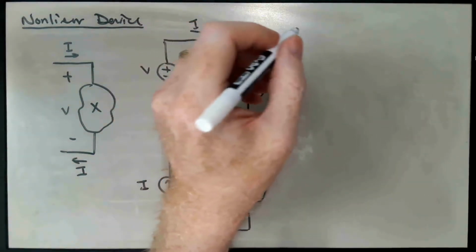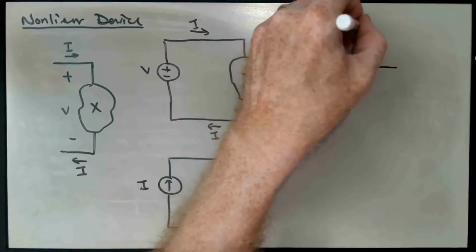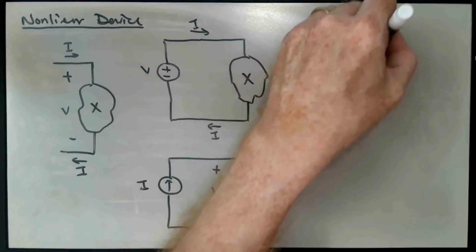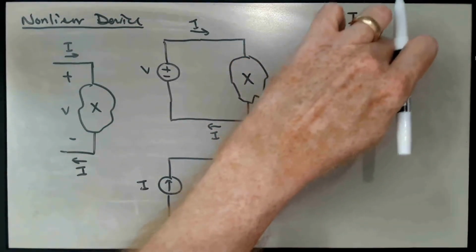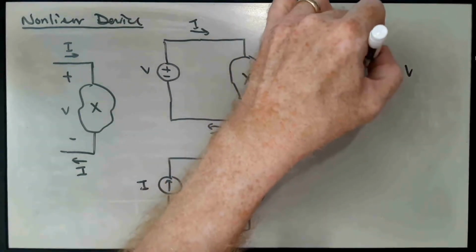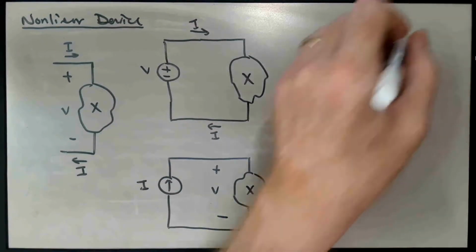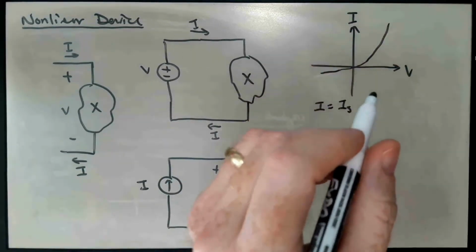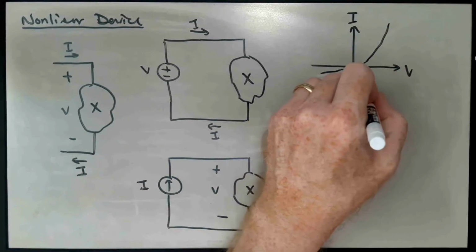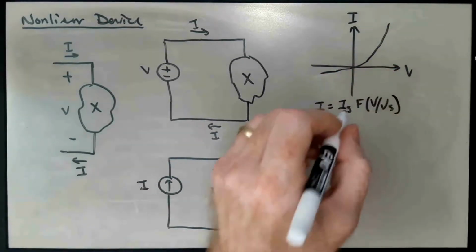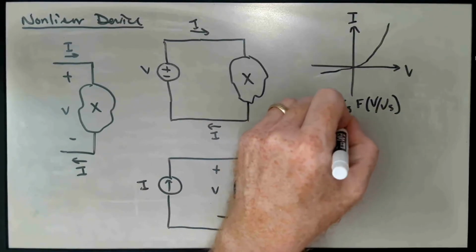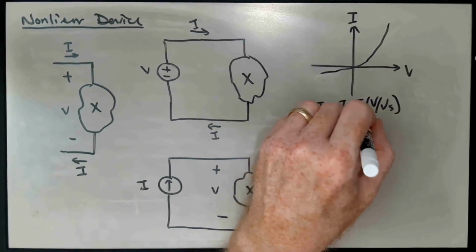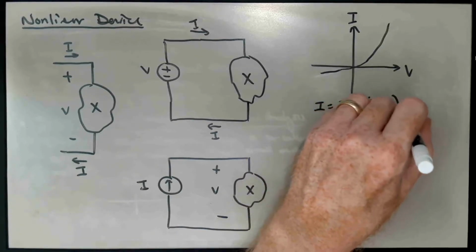So here we might talk about the IV characteristic, and there might be some curve that looks maybe like that, where we could say I may be given by something like IS times f of V over VS, where IS and VS are scaling current and a scaling voltage.